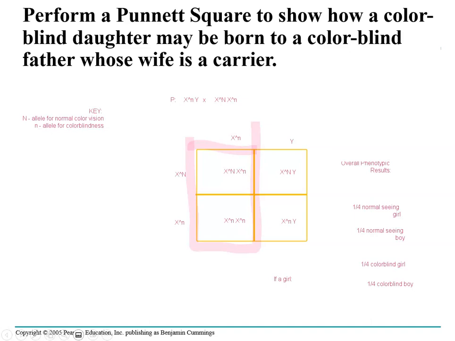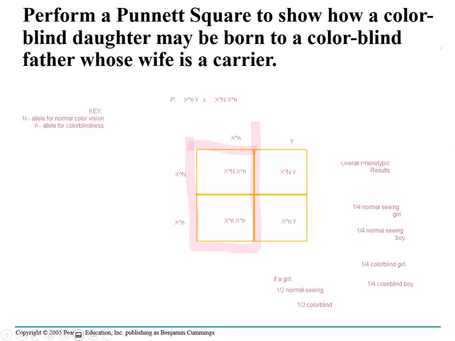So the denominator is going to change based on that to be out of 2. So there's a 50% chance, or 1 out of 2 chance, that she will be colorblind or normal. I need a larger box here.